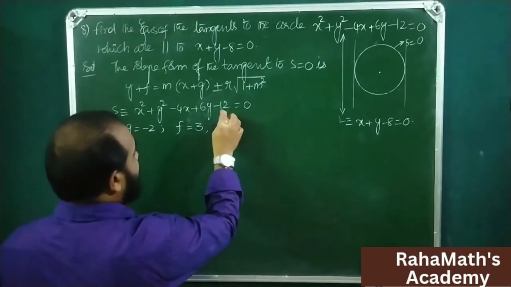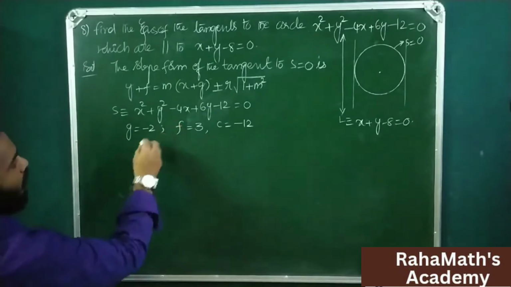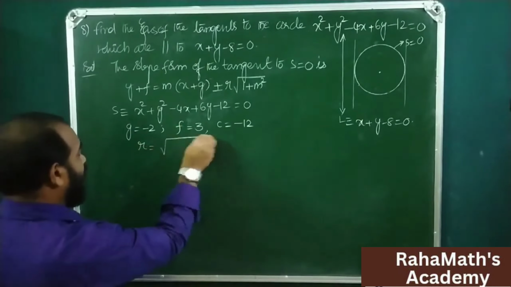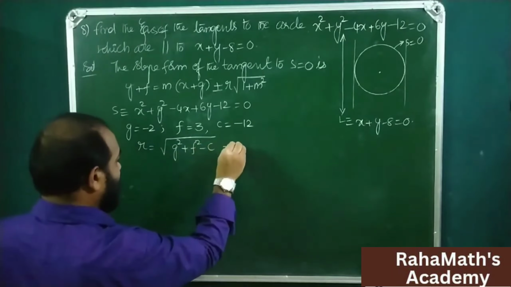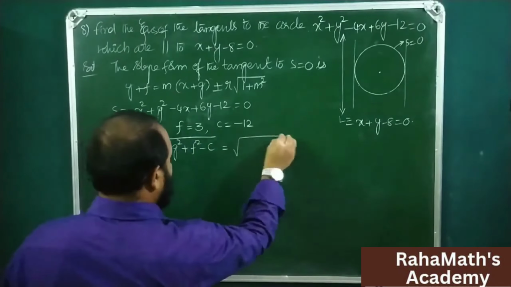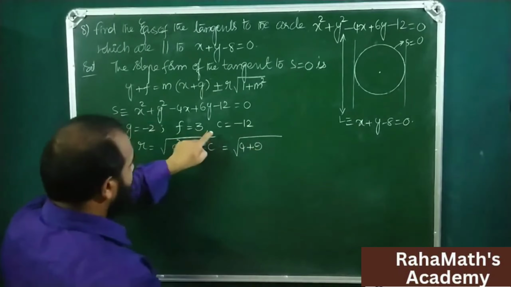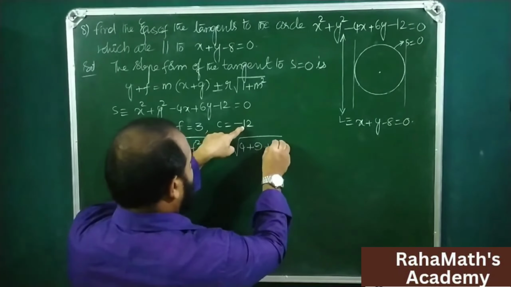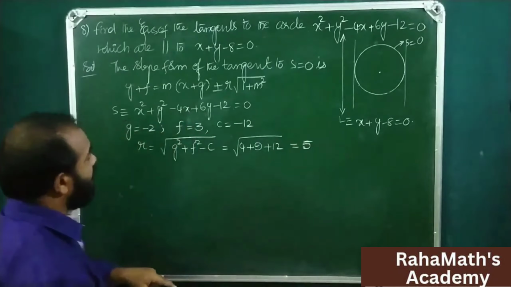The constant c = −12. And what is the radius? √(g² + f² − c) = √(4 + 9 + 12) = √25, which is 5.